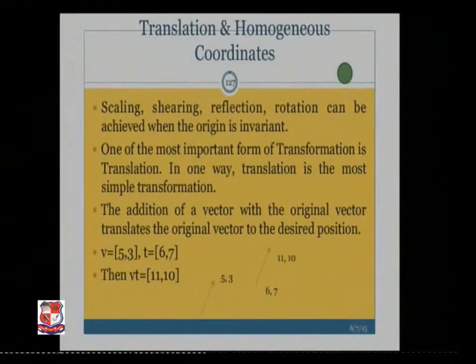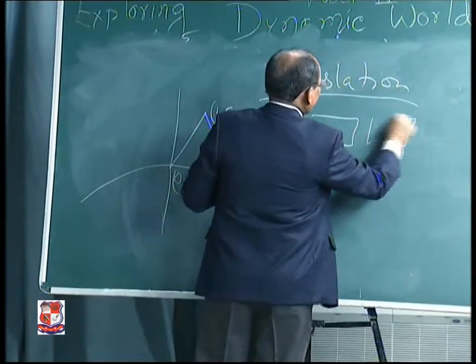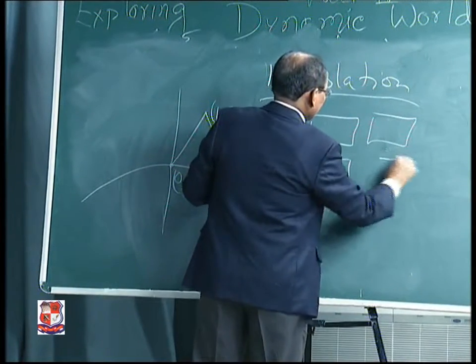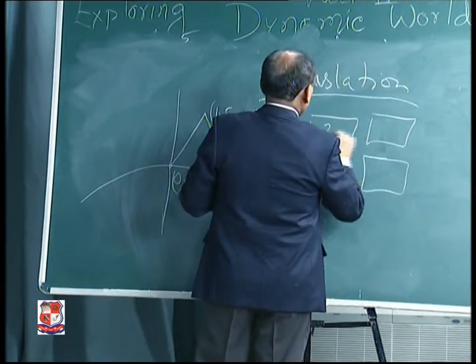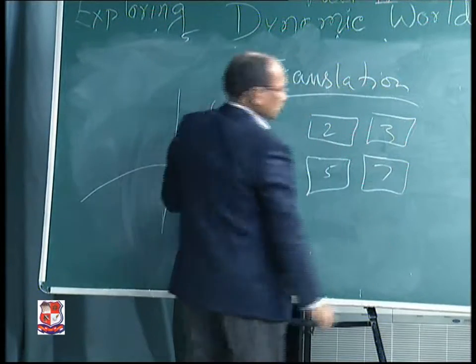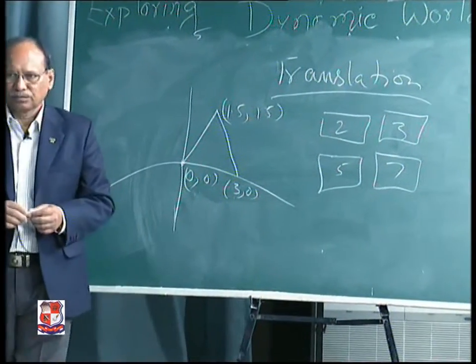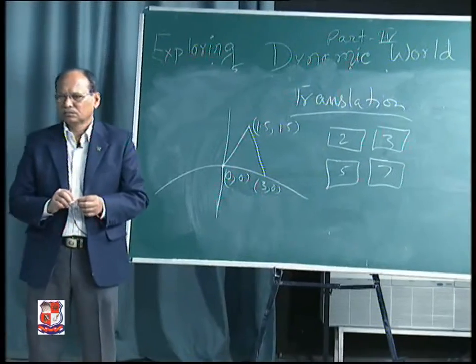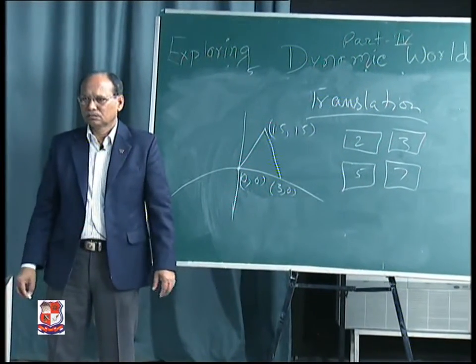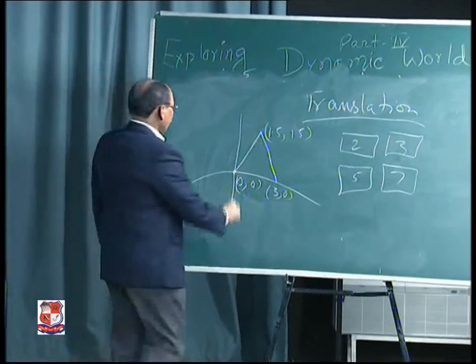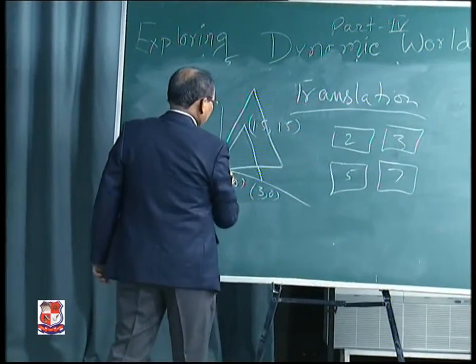So, you scale it, apply any matrix A, B, C, D with any value. Any value you just change. What you will get? You will get a triangle like that, is it not?